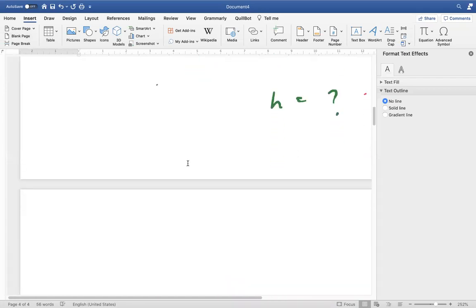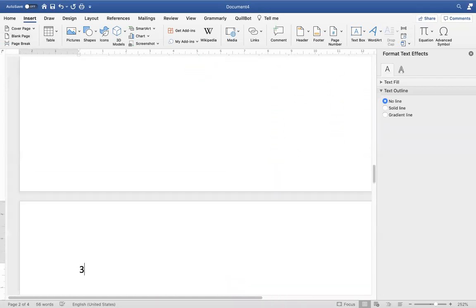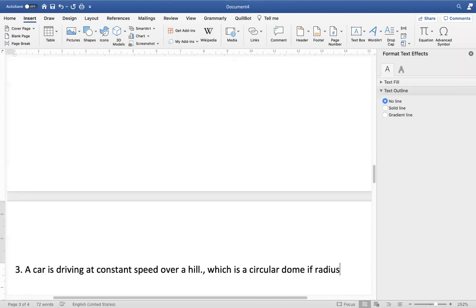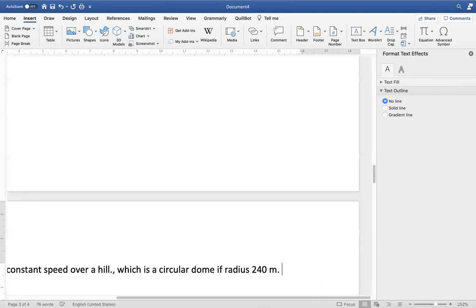Number 3. Okay, number 6. A car is driving at constant speed over a hill, which is a circular dome of radius 240 meters.